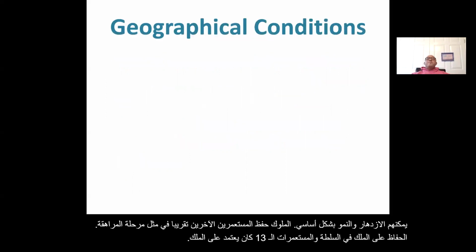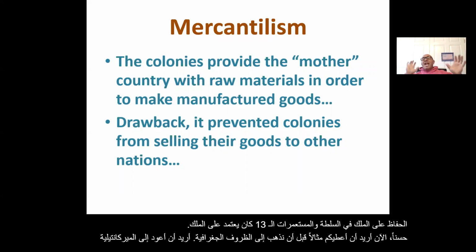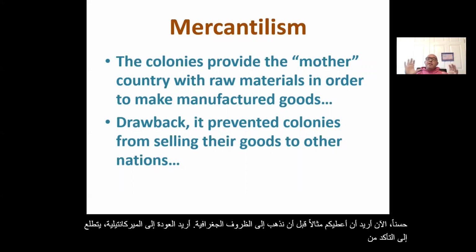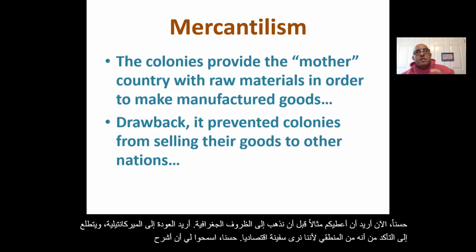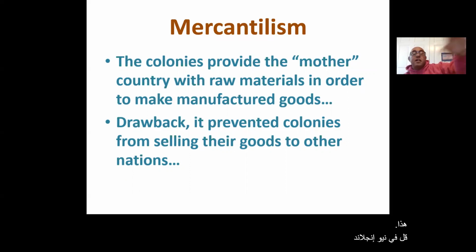Okay, now I want to give you an example before we go to geographical conditions. I just want to go back to mercantilism just to make sure it makes sense, because we see economic relationship. Let me explain to you how raw materials work. Say in New England, the Pilgrims clear a forest. They cut all the trees down, they send those trees to the king.